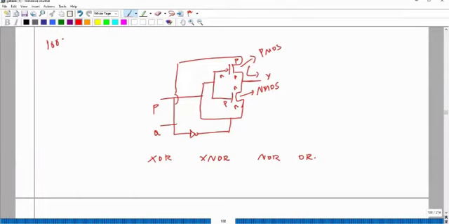For P equal to 0, PMOS will conduct. When P is equal to 1, I'm talking about this P, NMOS will conduct.